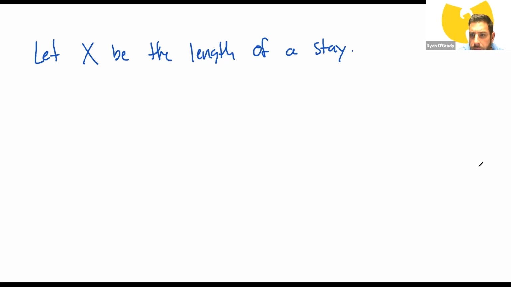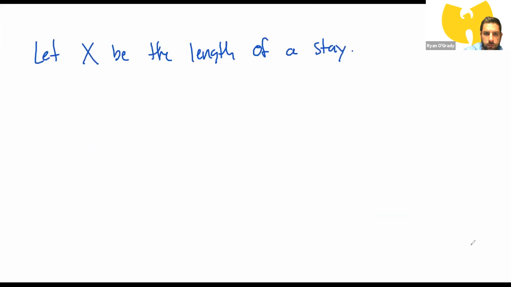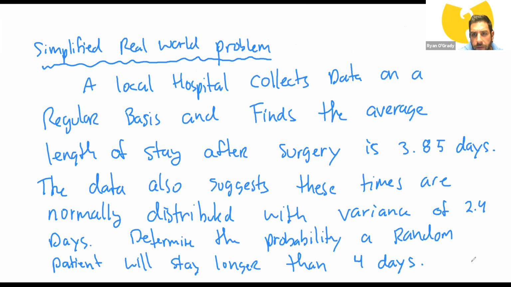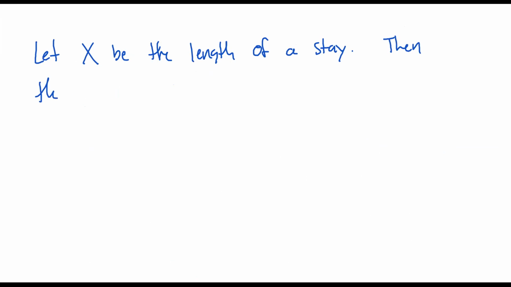What we're asked to do is determine the probability that a patient will stay longer than 4 days. So wouldn't it be the probability of X greater than 4 then?